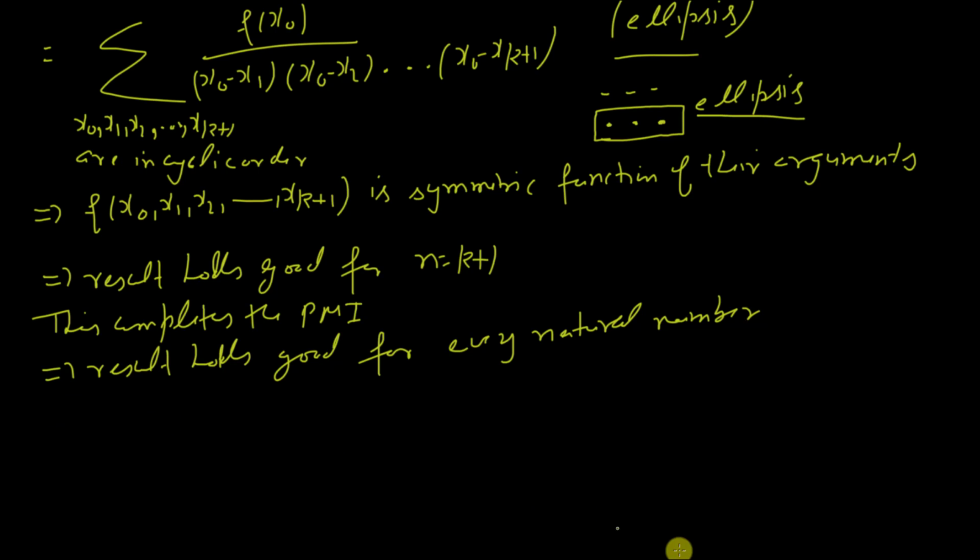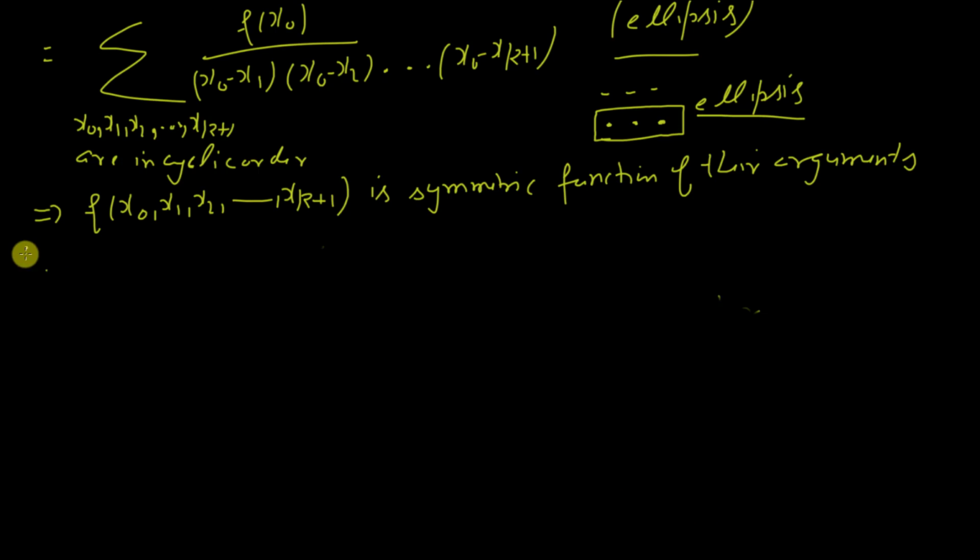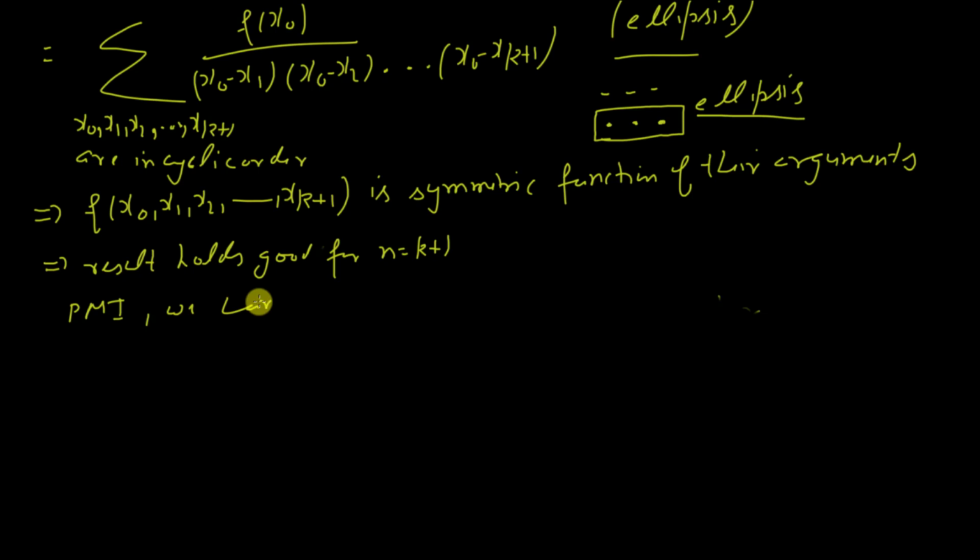So this will be: implies result holds good for n is equal to k plus 1. Therefore, by principle of mathematical induction, this completes the induction, PMI, we can say that Newton divided difference of any order is symmetric function of their arguments.